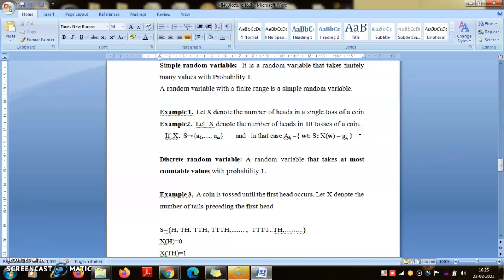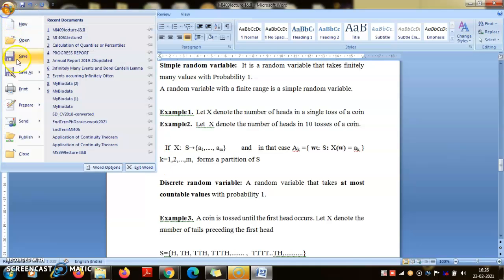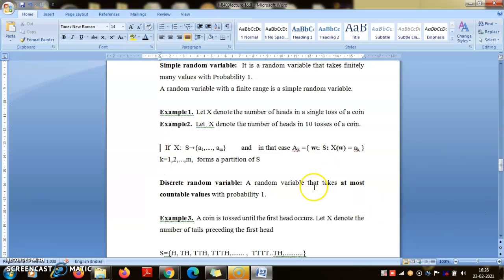Then k equal to 1 up to m forms a partition of S. I leave it as an exercise for you to verify. You have to be convinced that Ai intersection Aj is empty and the union is the whole of S.